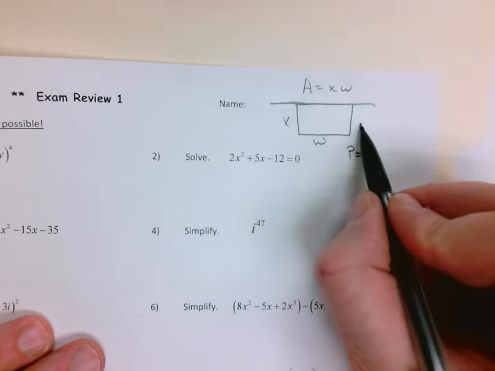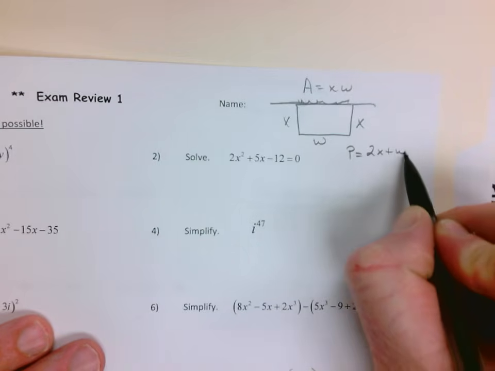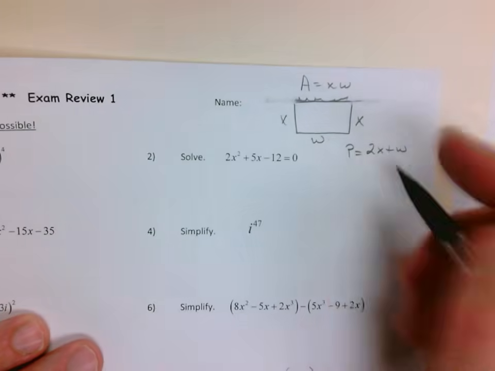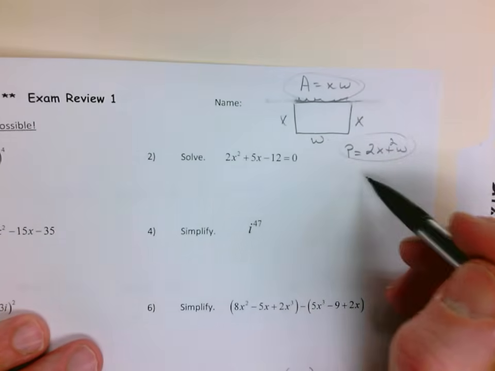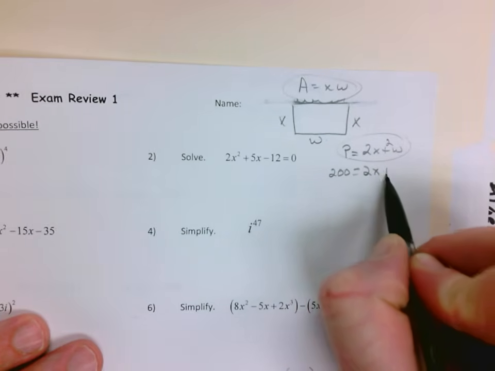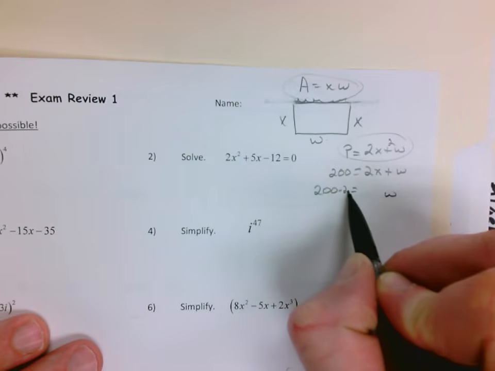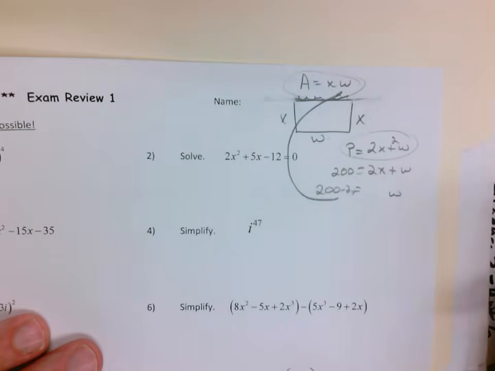So if this is a bordered edge, it'd be 2x plus w. If there's not a bordered edge, if it's just a regular rectangle, then it'd be 2x plus 2w. You're always going to write an area and a perimeter. They're going to give you the perimeter, and you're going to solve, plug back in, and find the vertex.